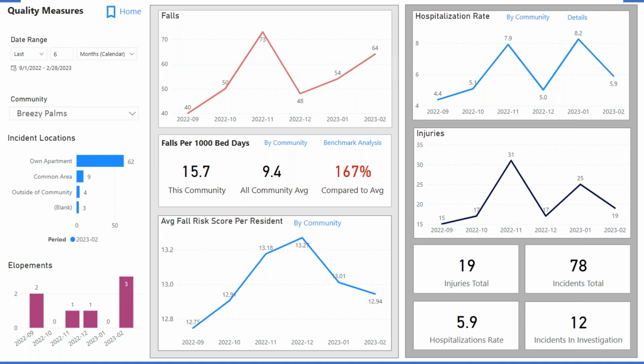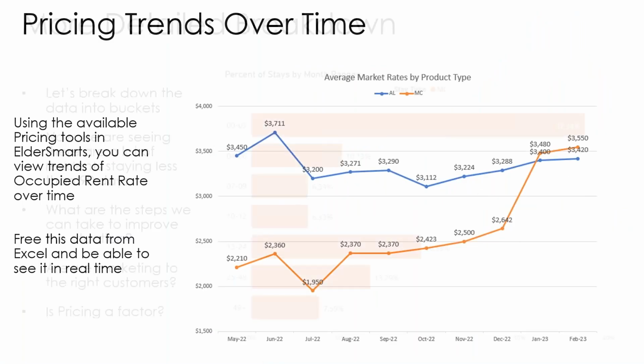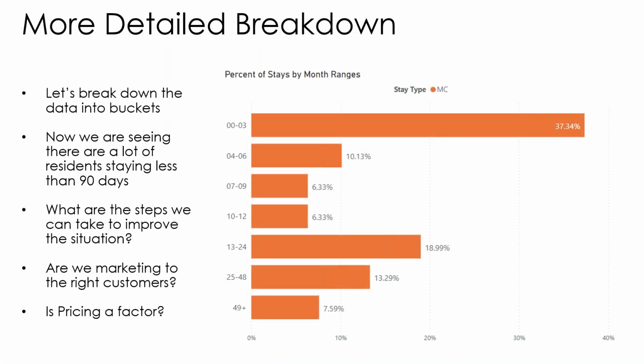Resident acuity: your earlier diagram on length of stay, one of the things that would be interesting to do at that community would be to look at acuity trends upon admission and layer that over your length of stay, because maybe one of the stories that the data can teach us is that we might be admitting good qualified leads, but over the last year, our acuity upon admission has gone way up.